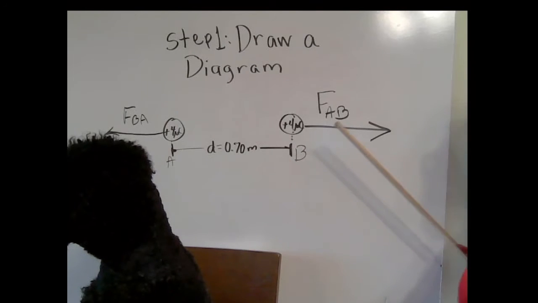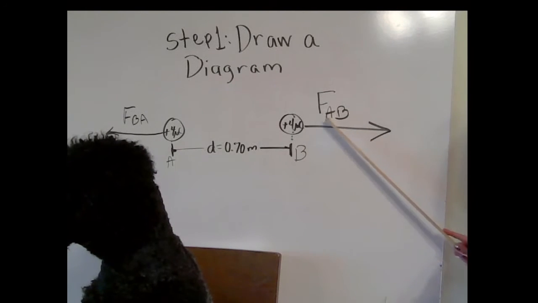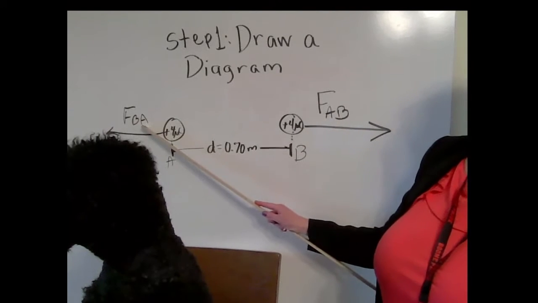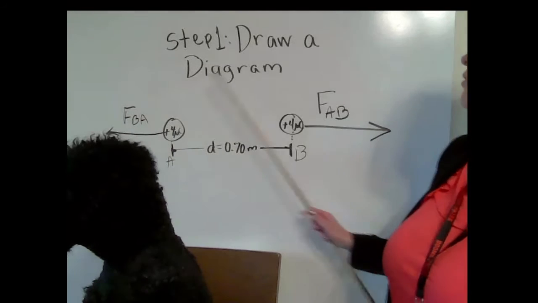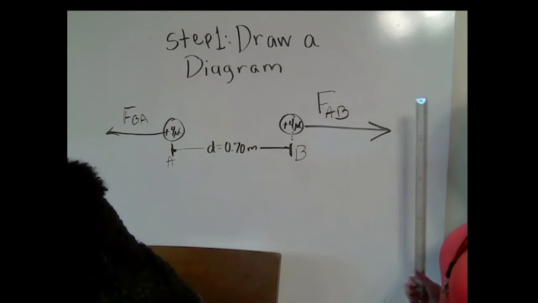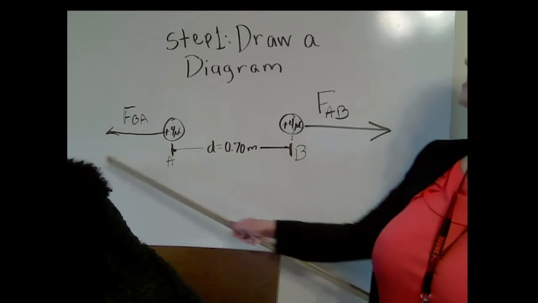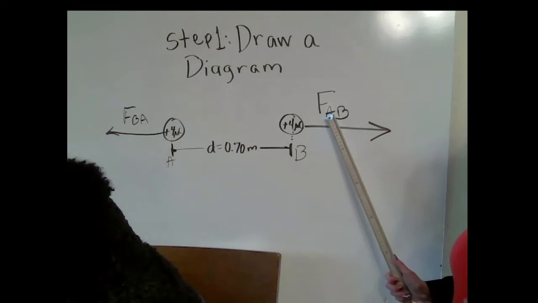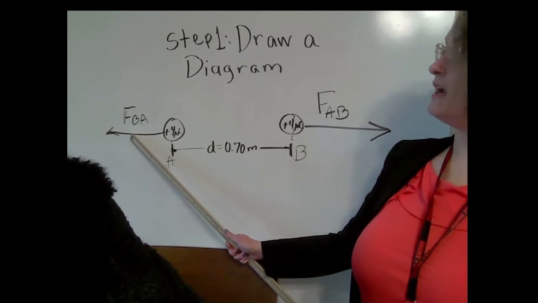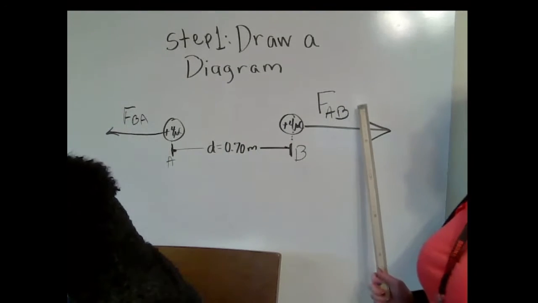And I've drawn the forces acting on the particles, the force of A on B and the force of B on A. And these are equal and opposite forces. To the right is positive, and to the left is negative, so we know the force from A on B is going to be positive, and the force from B on A is negative, and they will have the same magnitude.